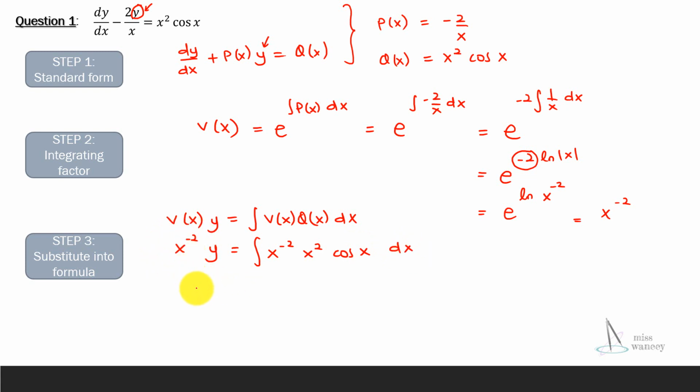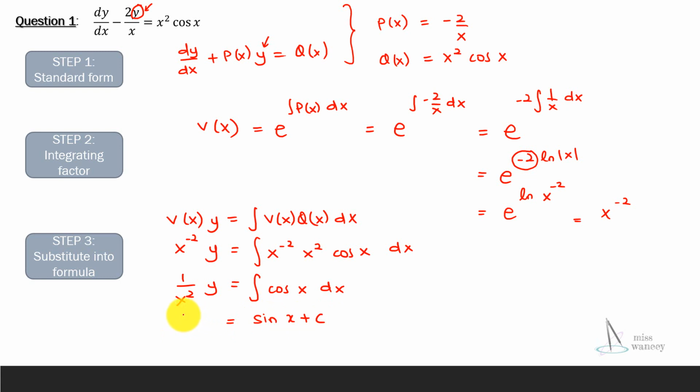So x to the power of negative 2 is 1 over x squared, y equals, simplifying here, we have the same base x and x. Adding the indices gives negative 2 plus 2, which is x to the power of 0, and that is actually 1. So this is simply the integral of cos x dx. Integrating cos gives us sine, so this is sine x plus c.